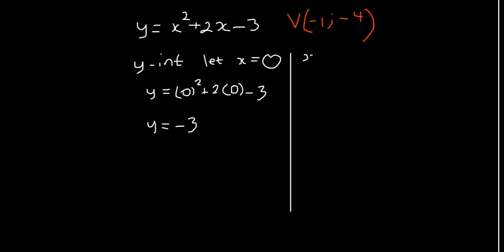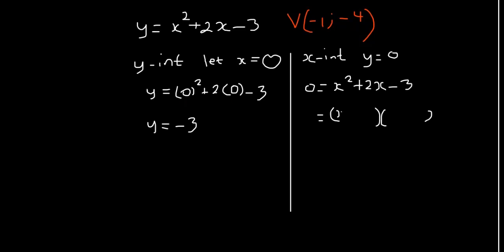And then looking for the x-intercept. For the x-intercept, let y be equal to 0. So now 0 will be equal to, according to the equation, x squared plus 2x minus 3. We can just open the bracket here. You know now how to factorize.